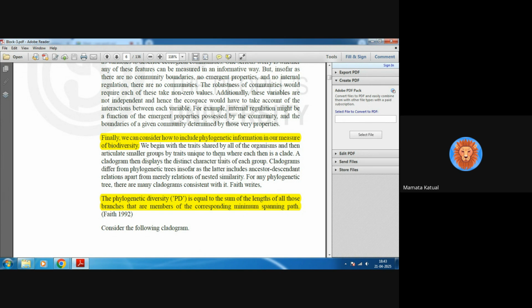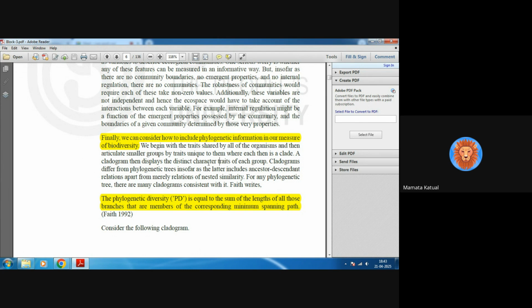How do we identify or study a species? From its traits or characters. If the organisms are very closely related, then they will share some of the traits.